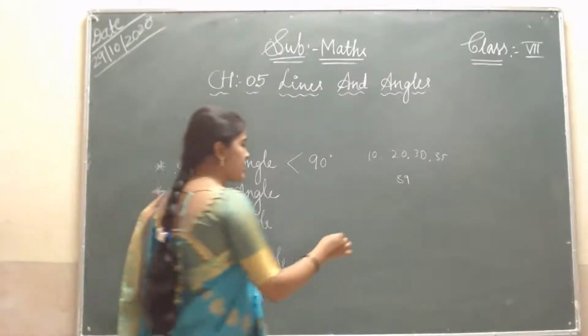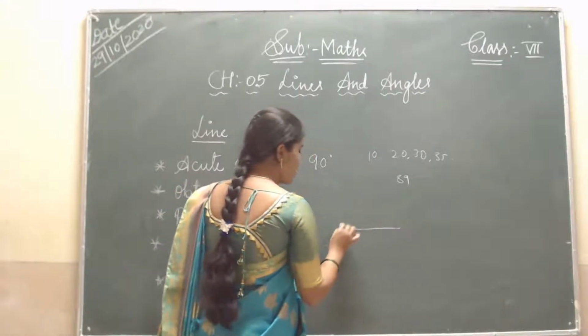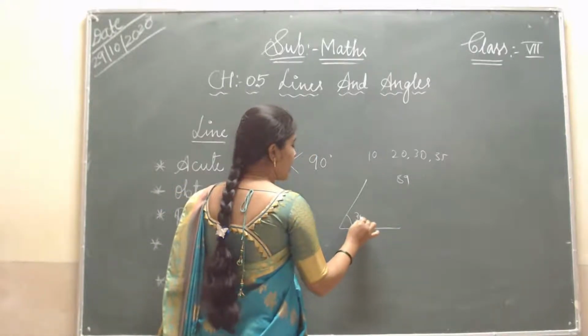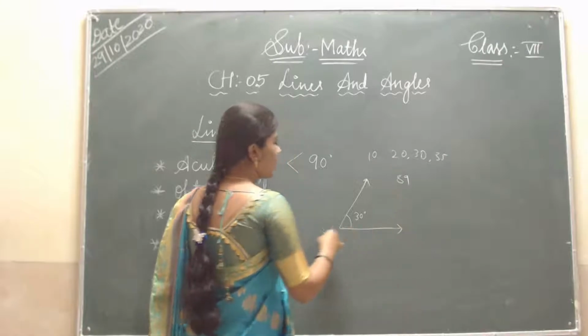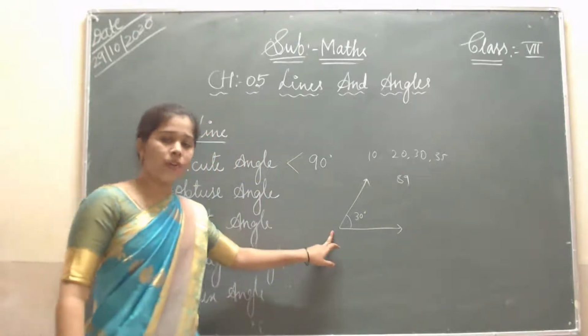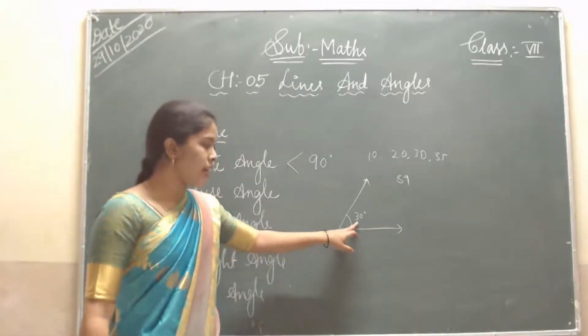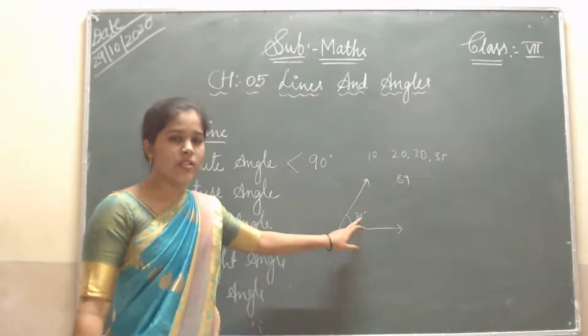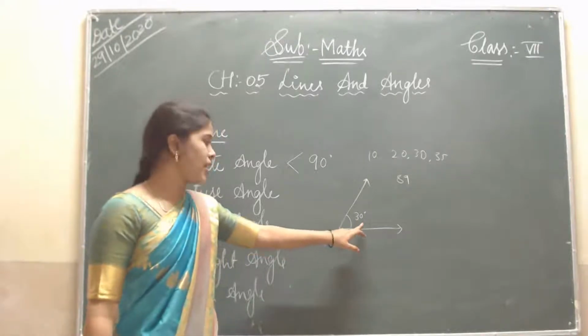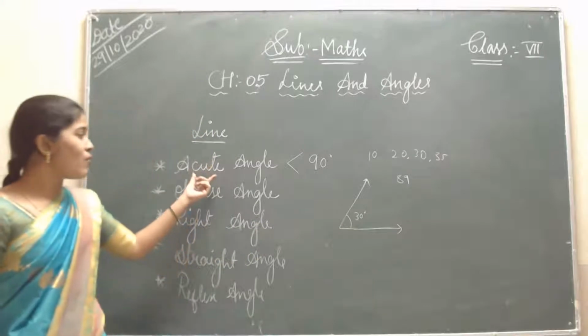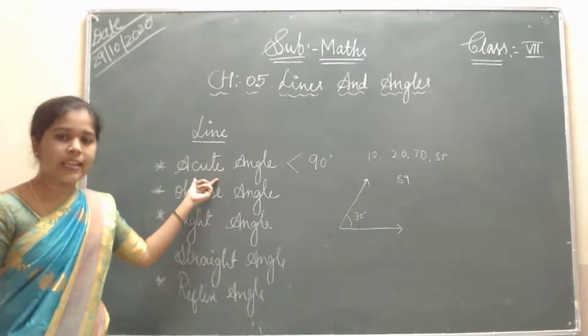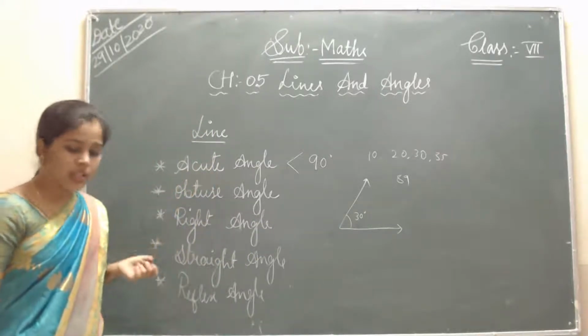For example, see this one. This is a 30 degree angle. Is this angle acute or obtuse? Yes, 30 is less than 90, so this is an acute angle. The angle which is less than 90 degrees is an acute angle.